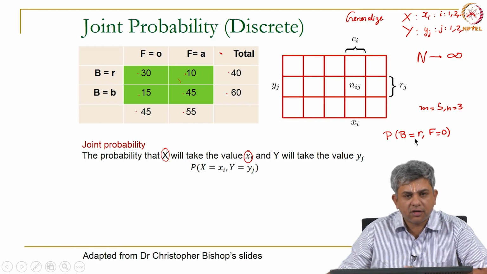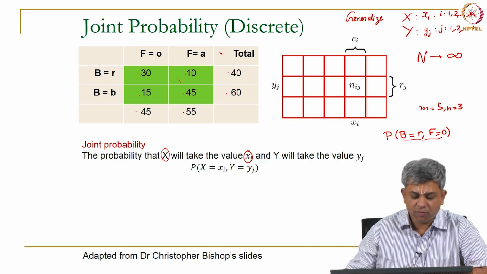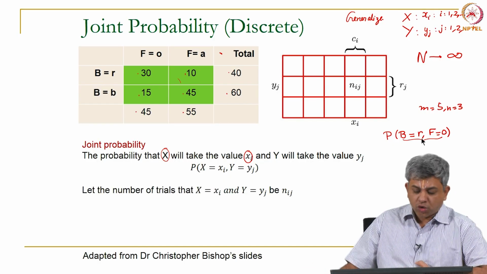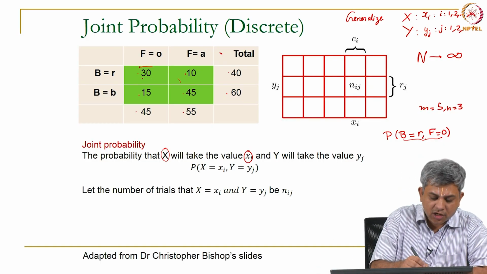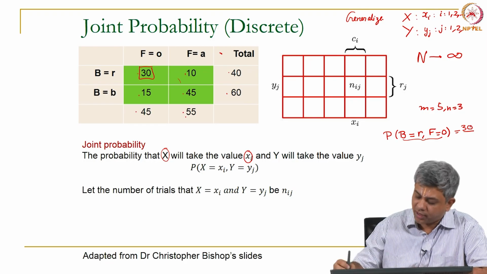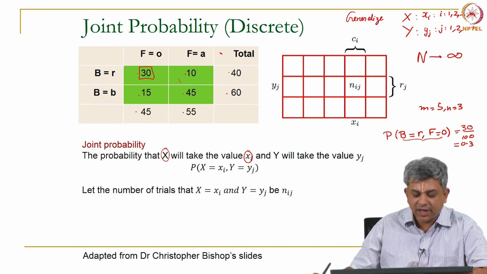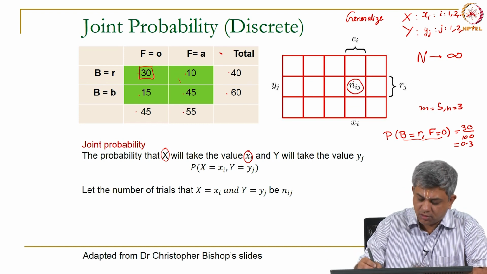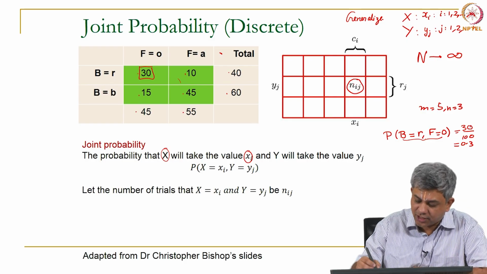So, you write it under the notation p of x equal to xi, just like here, and y equal to yj. So, if we want that, how would we do it? Let us say I want this, I would say this is 30 divided by the total number of trials, which was 100. So, this is 0.3.